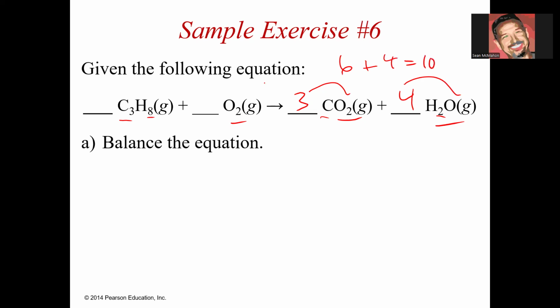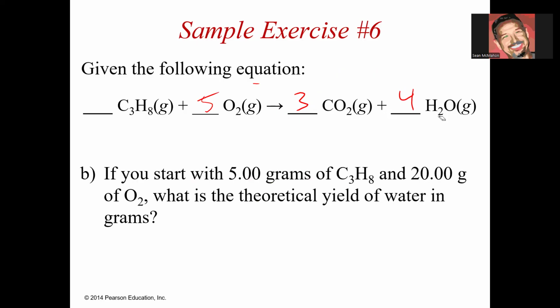I need 10 oxygens. So 2 times what number is 10? 5. So my balanced equation, clean this up for you, is this. So we're using balancing equations.